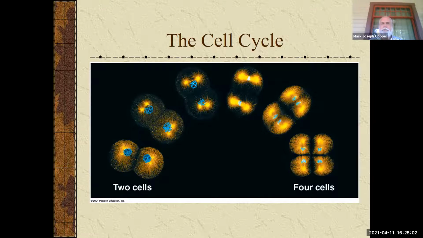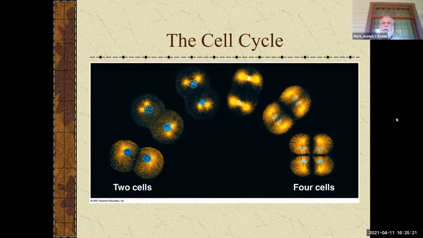And then meiosis starts with 1 cell, and you end up with 4 cells that are genetically different from each other. And so they both have different purposes. And so we will start with mitosis.